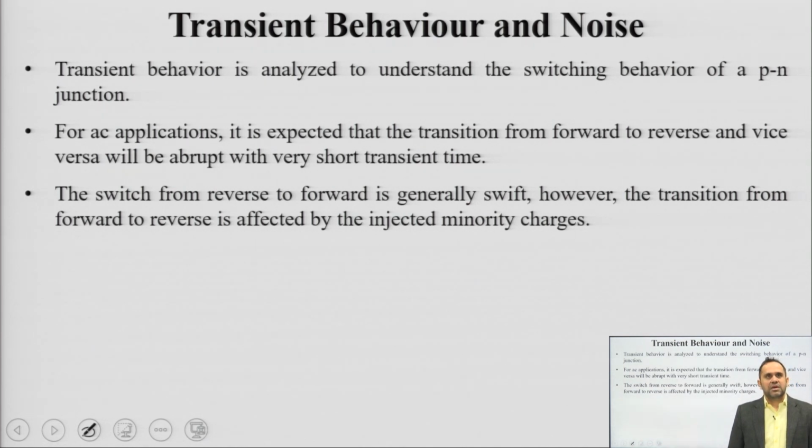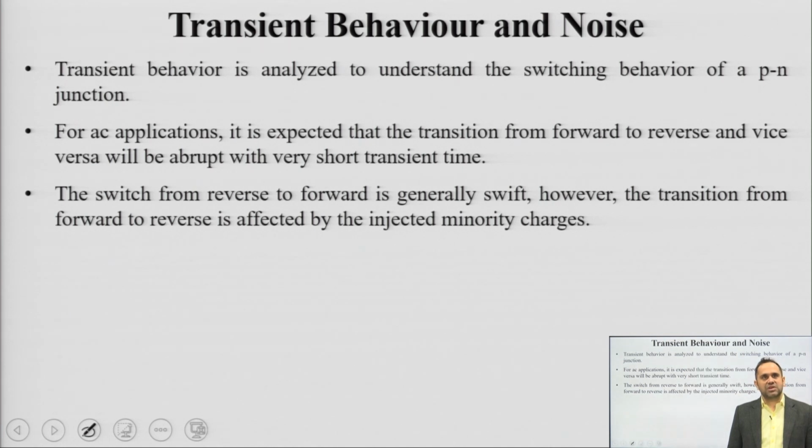From forward to reverse, generally when you are trying to turn something off, it will be abrupt with a very short time, and when you are trying to turn anything from off to on, we also want that to be swift.